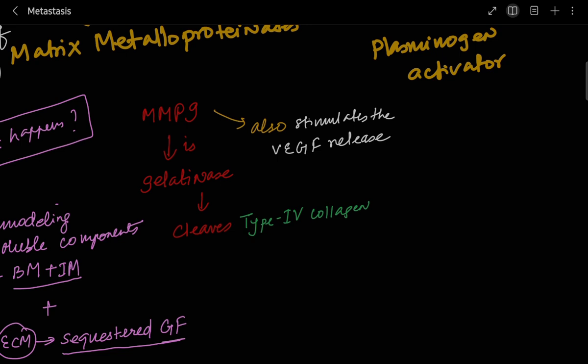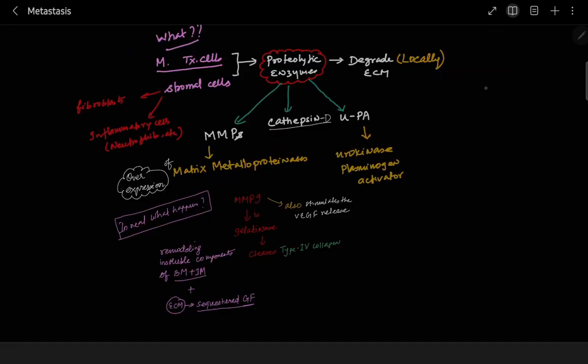So here again, this MMP9 will also stimulate VEGF, the vascular endothelial growth factor, which is also released here. Understood? What I was trying to say is that these proteolytic enzymes not only degrade the extracellular matrix, like MMP9 cleaving the type 4 collagen, but also release VEGF. That's what I want you to remember. In the further topic we'll clarify why this is happening.